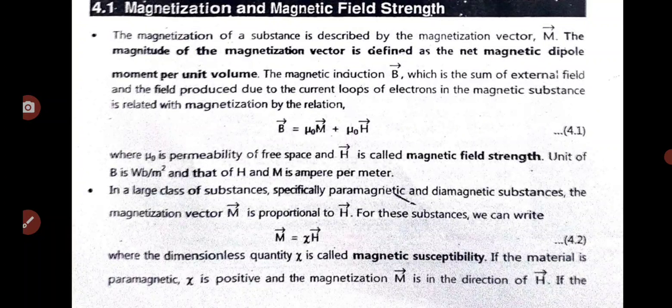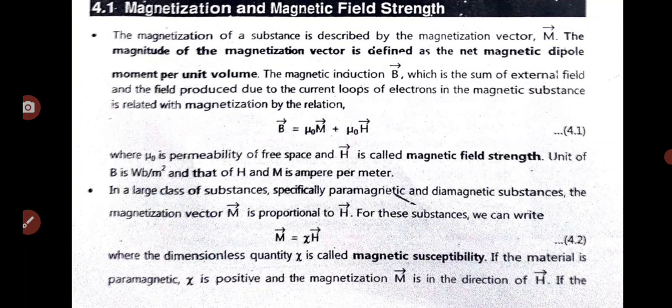If we consider paramagnetic and diamagnetic substances, the magnetization vector M bar is directly proportional to H bar, as in equation 4.2. So M bar is equal to chi times H bar.